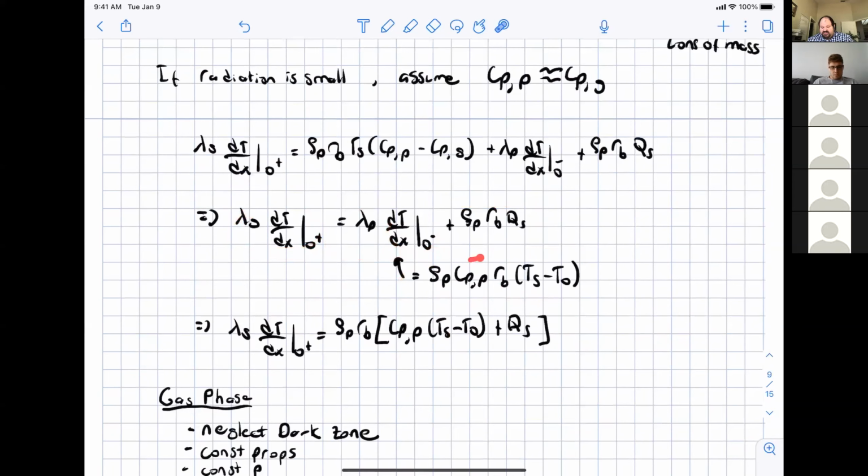Okay, so if you make that substitution and simplify, we now know that the conduction heat flux on the gas phase side of the interface is equal to this expression here: the burning mass flux times the net sensible enthalpy difference between the surface temperature and the initial temperature of the propellant, plus the heat of reaction at the surface.